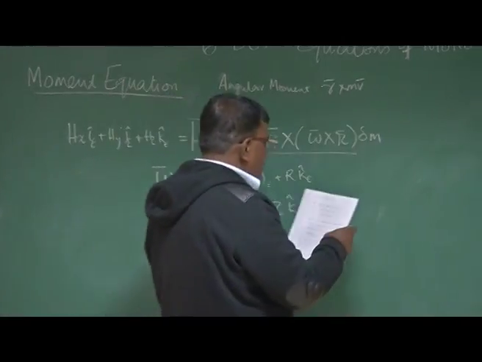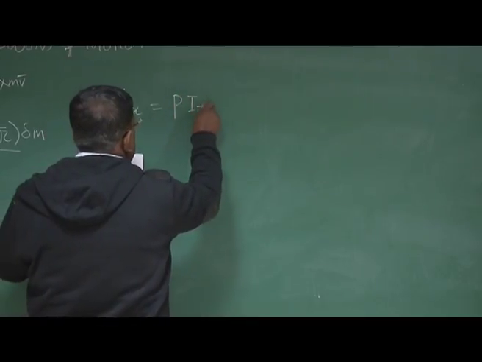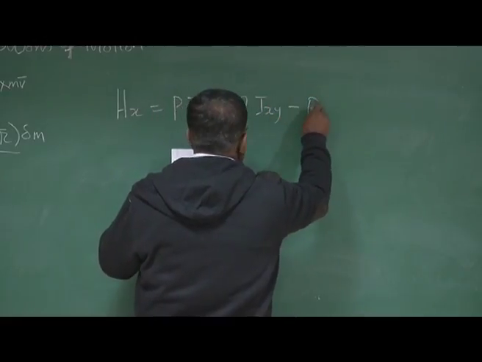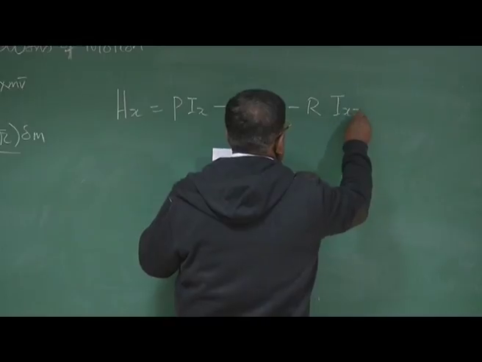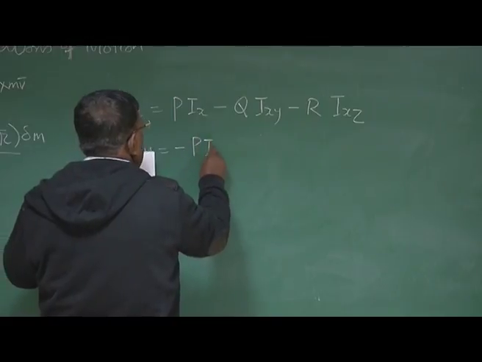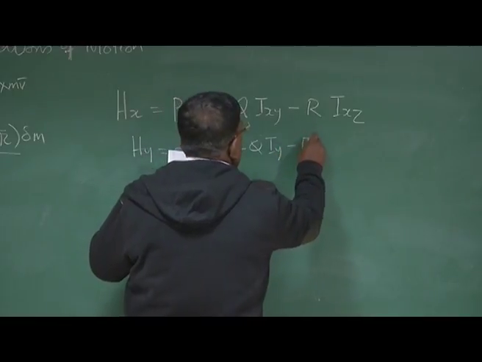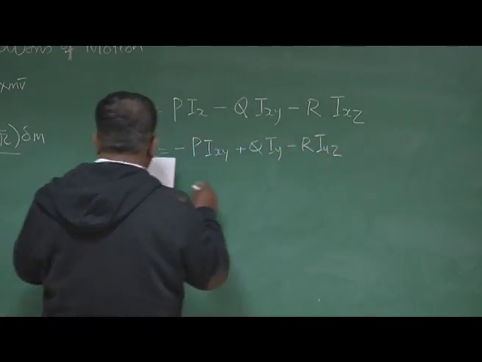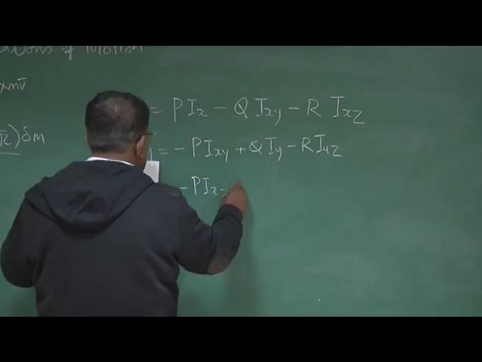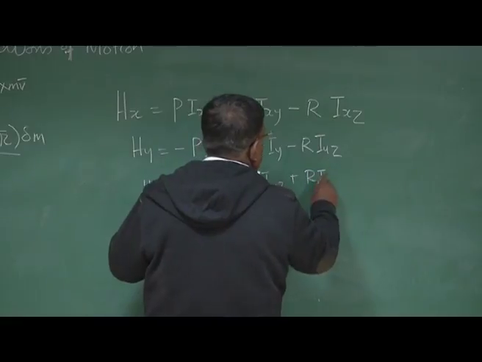I will write Hx equal to P Ix minus Q Ixy minus R Ixz, then Hy as minus P Ixy plus Q Iy minus R Iyz, and Hz equal to minus P Ixz minus Q Iyz plus R Iz.